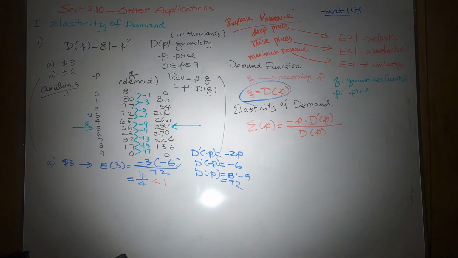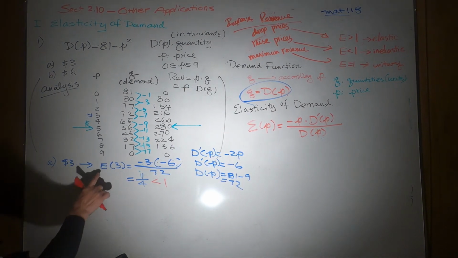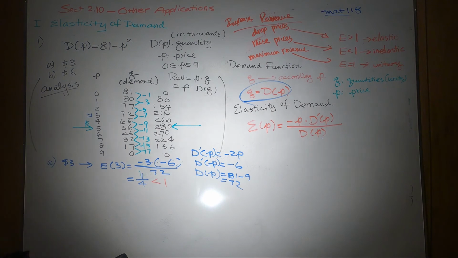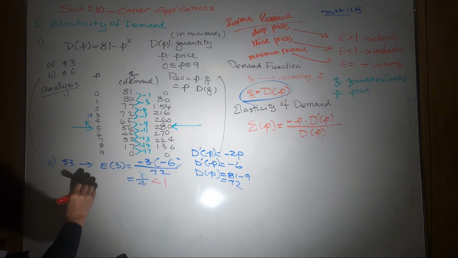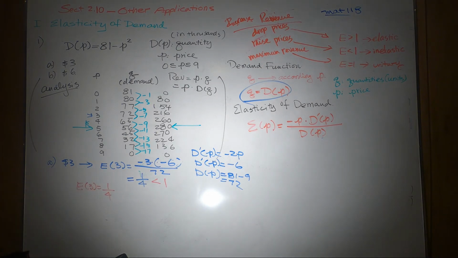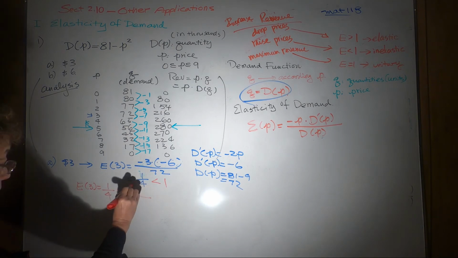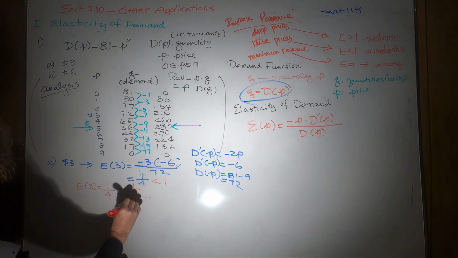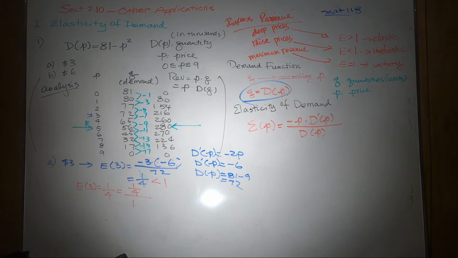So it means what? This one, E3, means what? E3 is 1/4. Okay, it means what? 1/4 divided by 1, right?